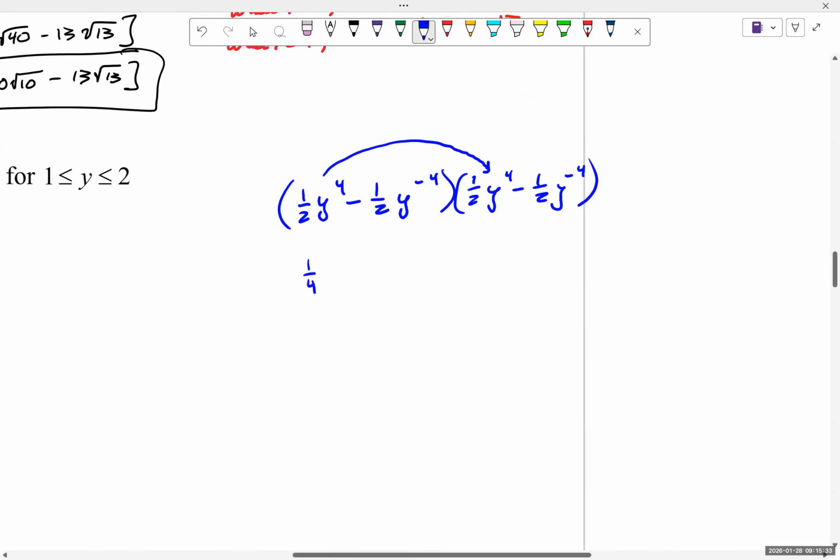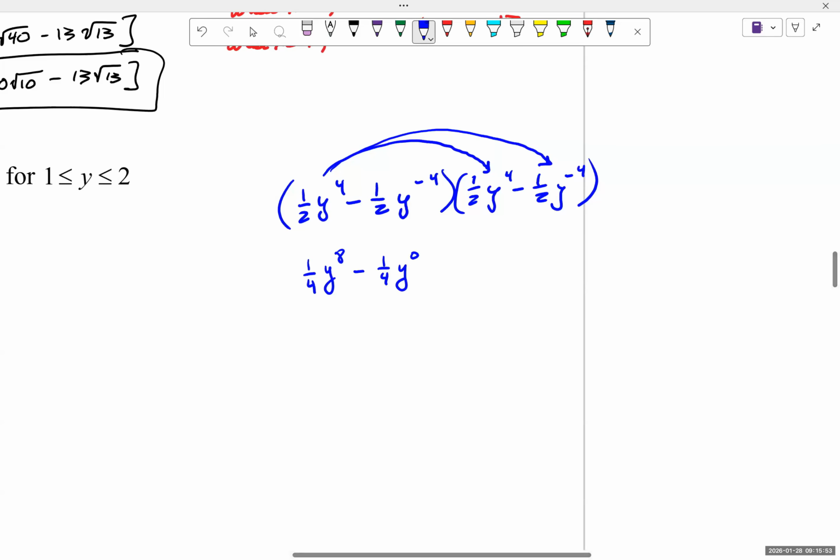I heard 1/4 y to the eighth. We're adding exponents, correct? Okay. What happens when we multiply here? First of all, are we going to get a positive or a negative? Negative 4th y to the what when you add exponents? 0. Are we all seeing that?